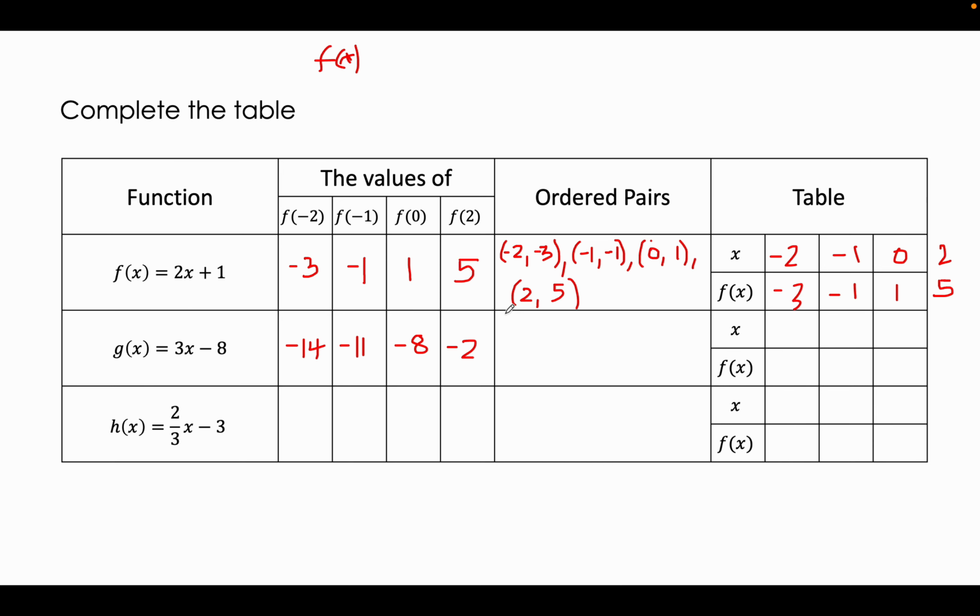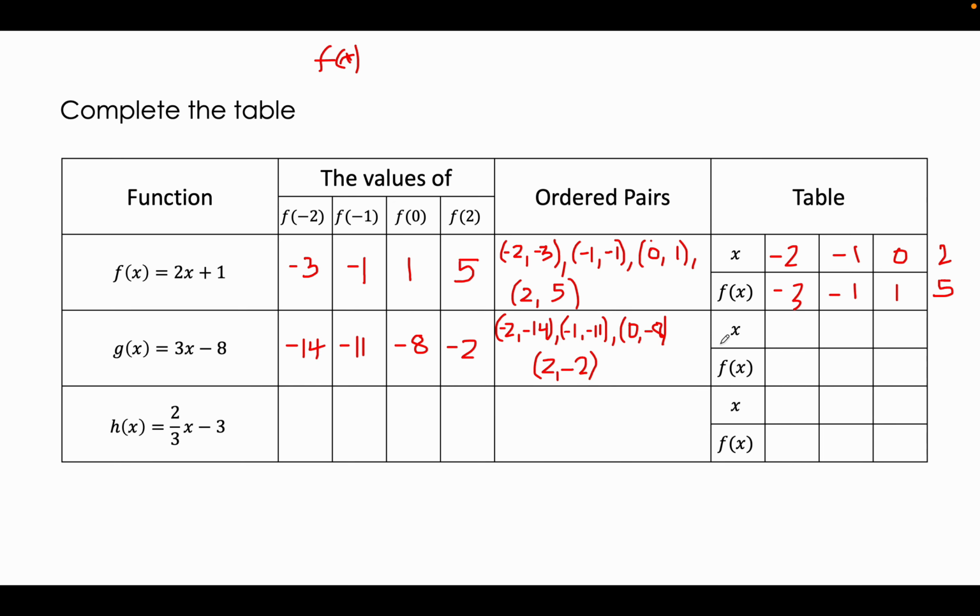So the ordered pairs are negative 2, negative 14; negative 1, negative 11; 0, negative 8; and 2, negative 2.